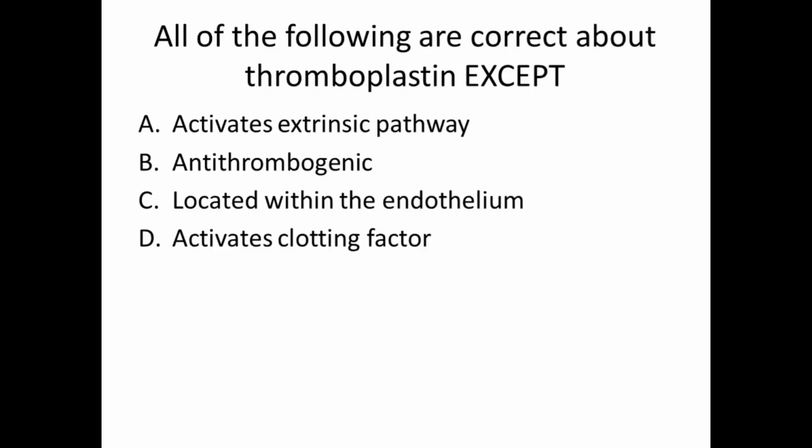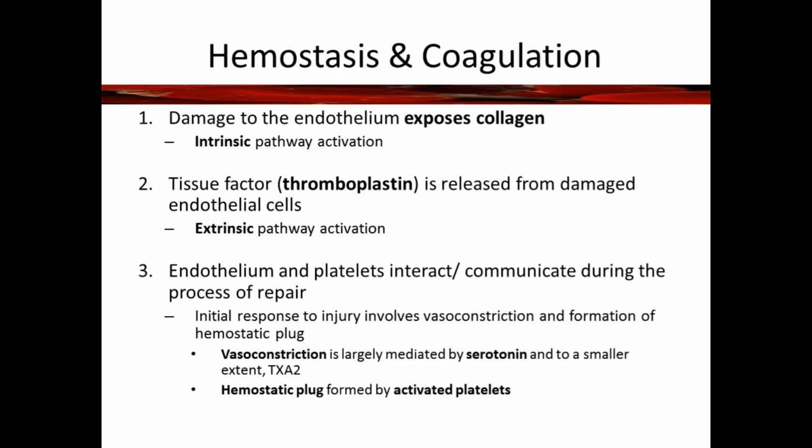All of the following are correct about thromboplastin except. Oops. B is correct. So we have thromboplastin, its other name is tissue factor. And tissue factor resides within the endothelium and outside of it in the tissue.